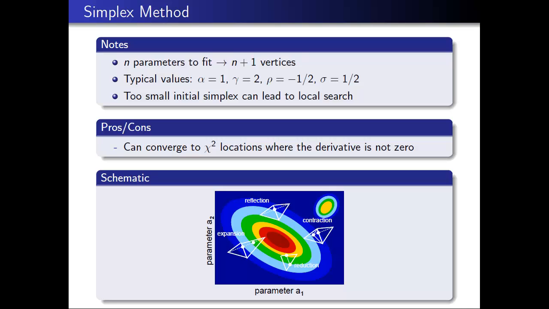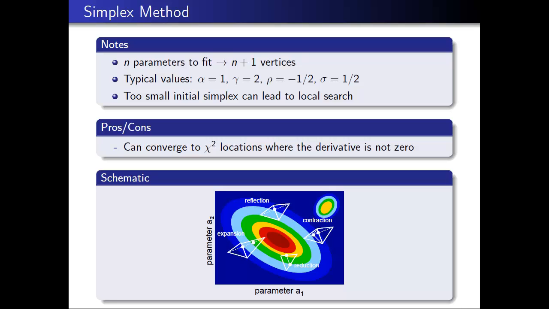You start with these 3 points, you flip, maybe it's less than the smallest one, so let's see if we can get it even less. We expand. Or maybe it's bigger than the largest one, so let's pull back a little and see if that improves it. Or let's reweight everyone and move them together simultaneously.